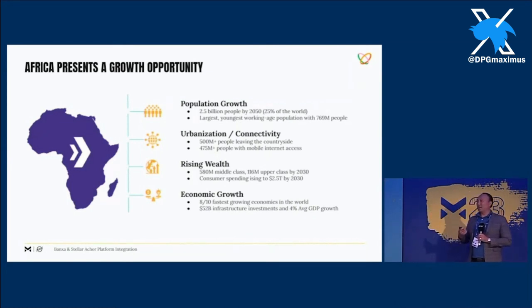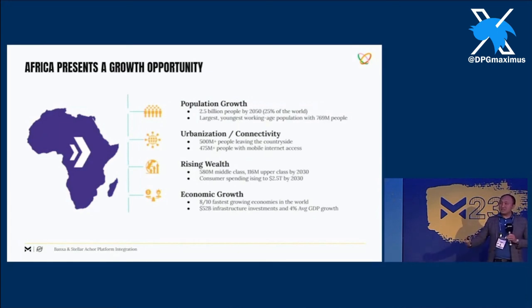But the first thing is the population growth. It's the youngest, fastest growing population, and it's going to be the workforce of the future. I think at some point there's statistics about how it's going to be half the workforce around the world. So all those people are looking for opportunities as well. There's a fast growing population. They're all getting to that stage where they're looking for opportunities and jobs and everything else.